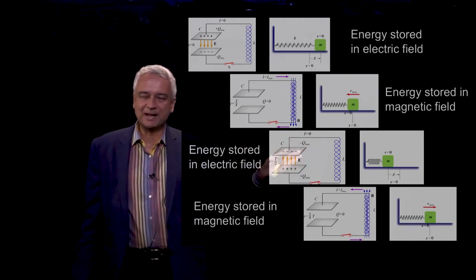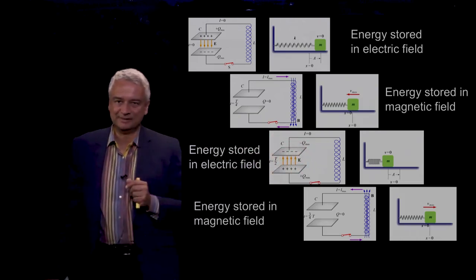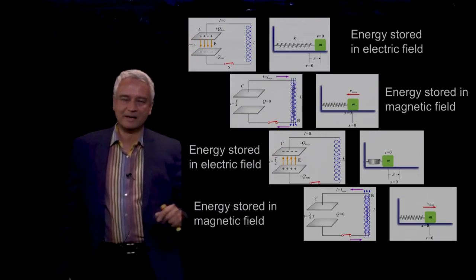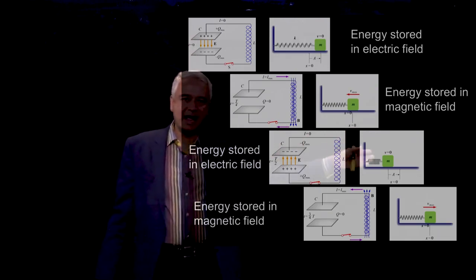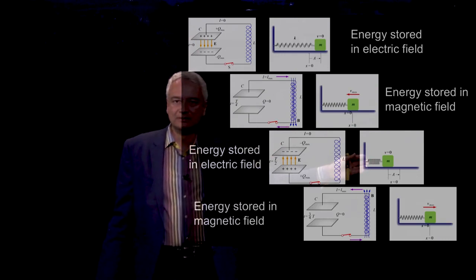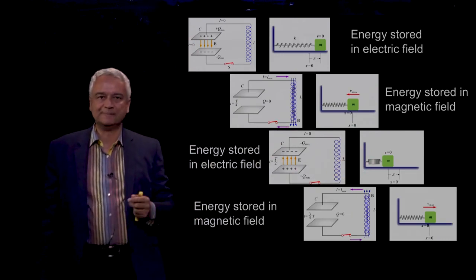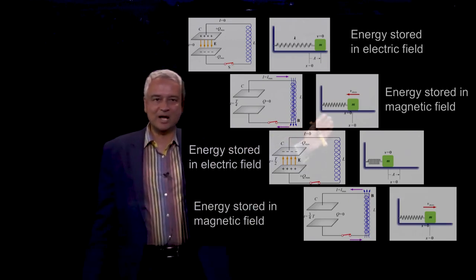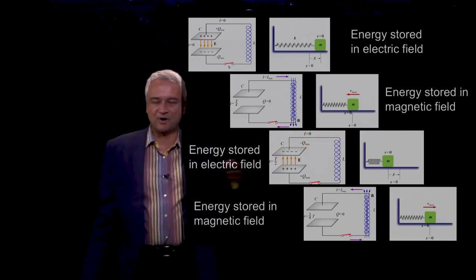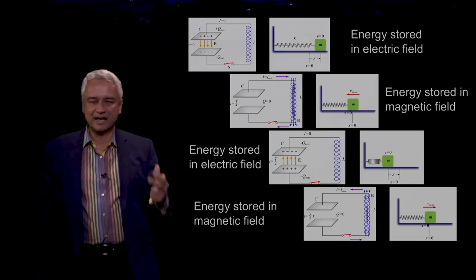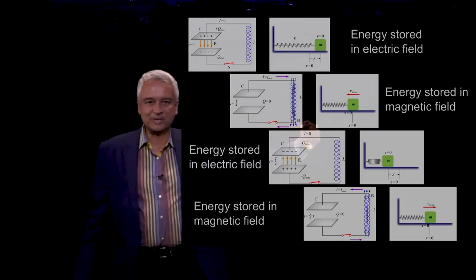I have a fully loaded capacitor, but now the top plate is negative. Up here, the top plate was positive. Here, I have a mass at rest. Mass at rest is analogous to no magnetic energy. And I have lots of potential energy. The spring is far from its equilibrium length. This time the spring is compressed.